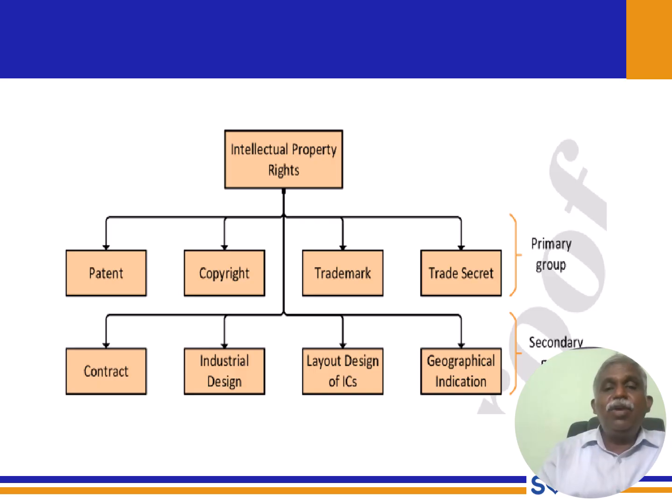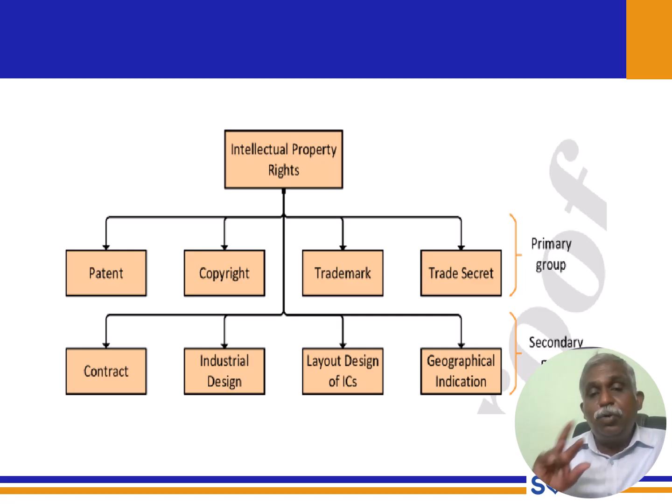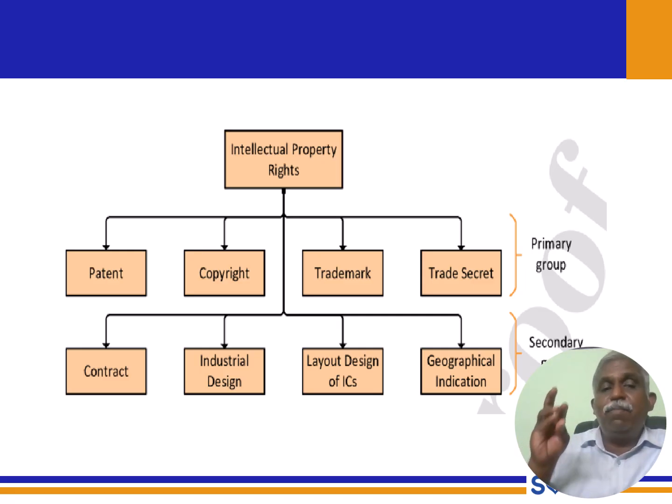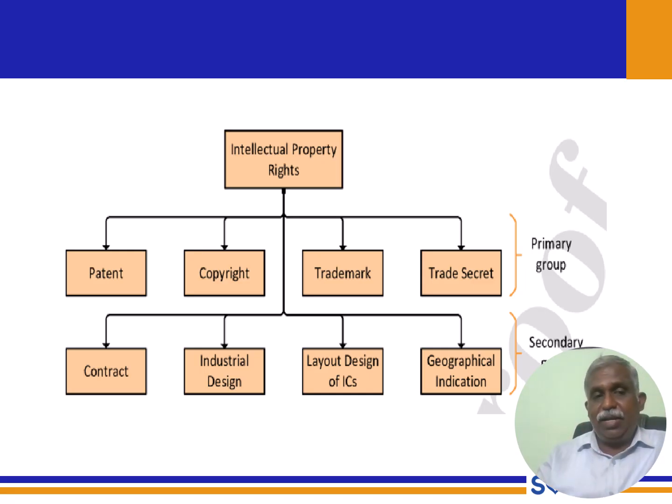Now we have 2 major classifications, a primary group and a secondary group. One is the primary. Under the primary, we have patent, copyright, trademark and trade secret.